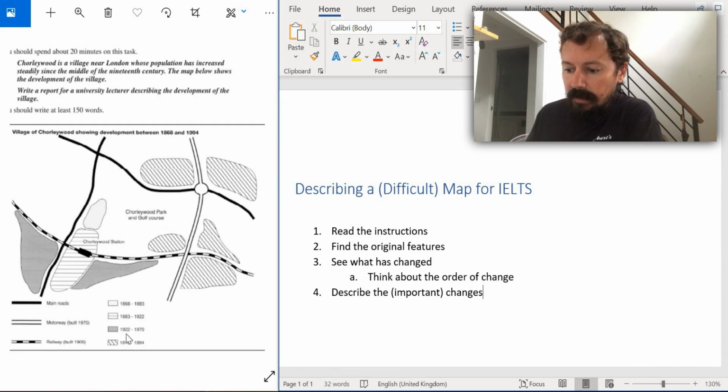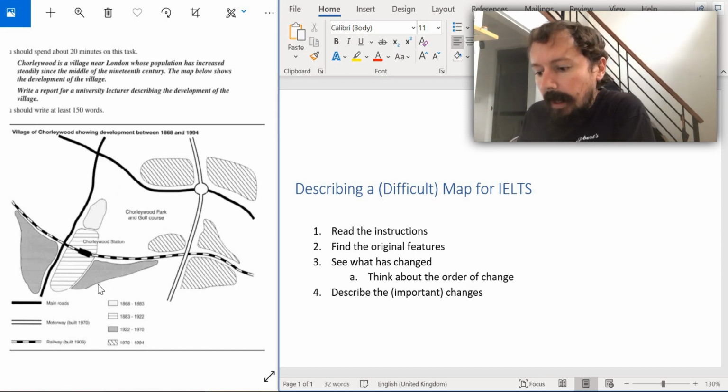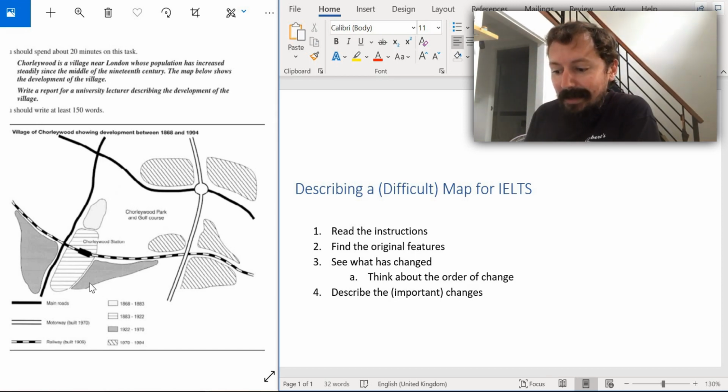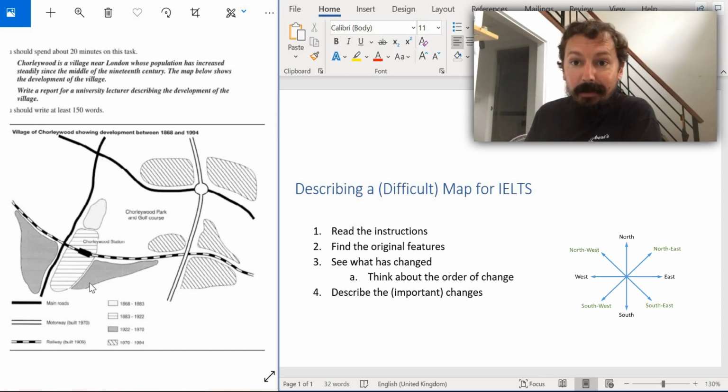Next we come to the 1922 to 1970 stage, where it grew bigger and it grew out sideways. So when I say sideways, a more correct way of saying this is to the east and to the west. Because when we're talking about maps, we should use those cardinal directions: north, south, east, and west.